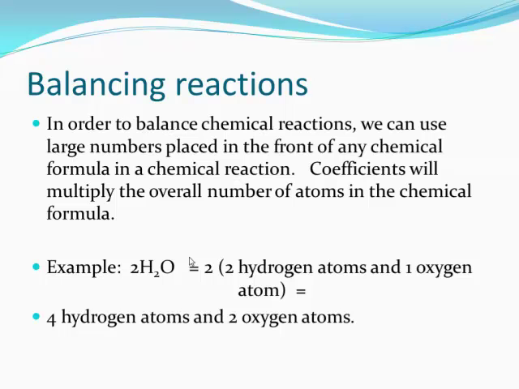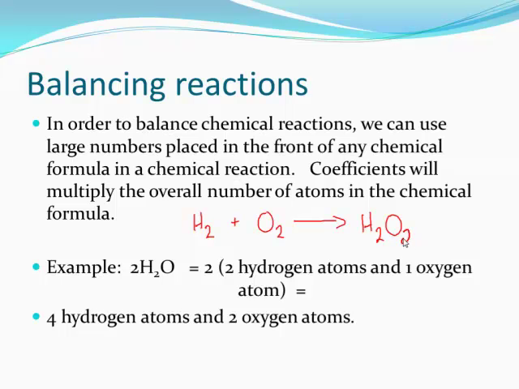So how could I do that? Well, a common misconception is that some students, when they originally see this reaction is not balanced and they know that they need another oxygen, one of the things that they love to do is to add subscripts. Well, a subscript is a small number placed after the formula.